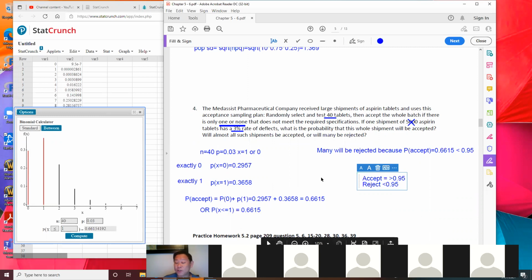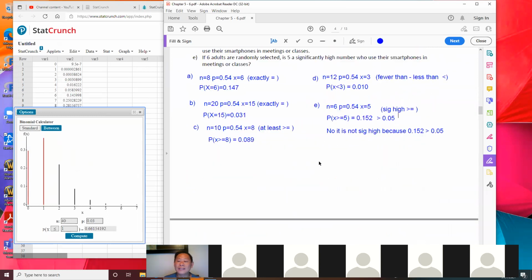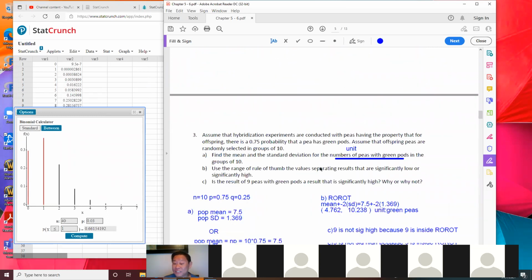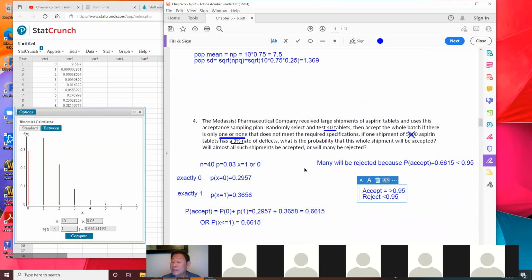Just for this question, don't get it mixed up with significantly high, significantly low, because this question did not ask for that. This question is asking for acceptance rate. So in this case, for acceptance the probability has to be more than 95%, and for rejection the probability of accept is less than 95%.